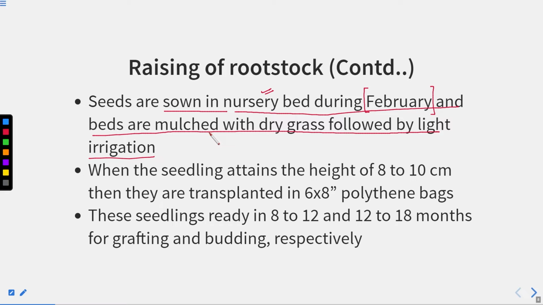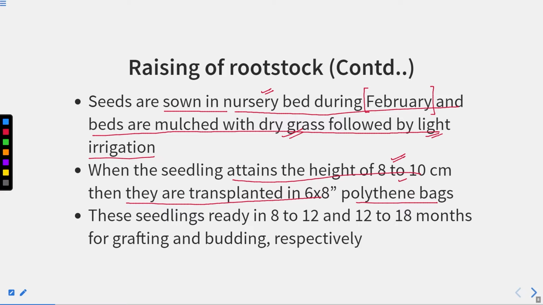The beds are mulched, meaning covered with dry grass, and you can give a small bit of shower there. When the seedlings attain a height of 8 to 10 centimeter, then they are transplanted into 6 to 8 inch polythene bags. So this is the method of raising the rootstock.